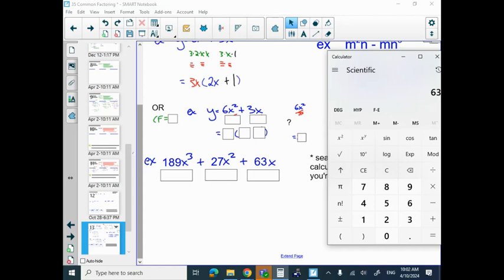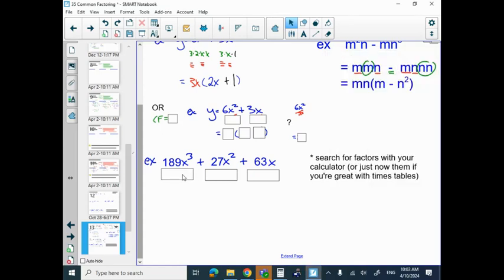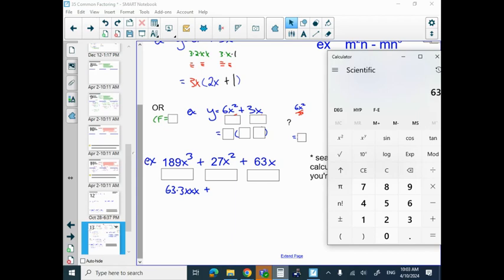So if I factored this thing into a 63 times a 3, you can tell we're sort of on our way at least, right? And then you might know the 27 factors to be 9 times 3, or you do the 27 divided by 2 does give a whole number, divided by 3 gives the 9, right?